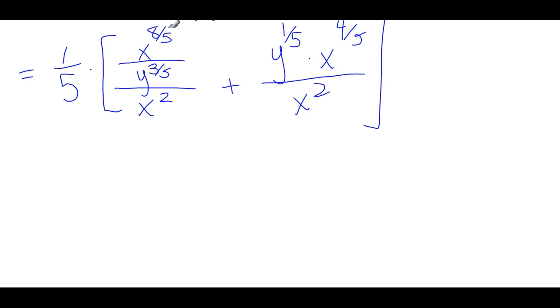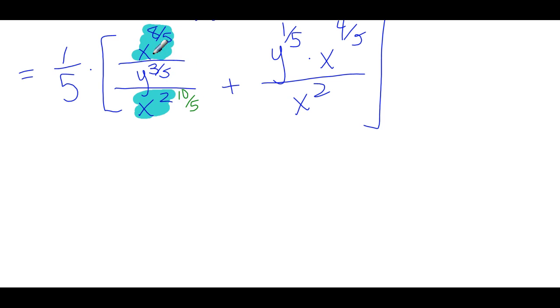I'm subtracting this x to the 8/5 and this x squared because it's the same base, and I'm dividing. If you want to think of this dividing as multiplying by 1 over x squared, you can. But x squared, 2, is the same thing as 10/5.